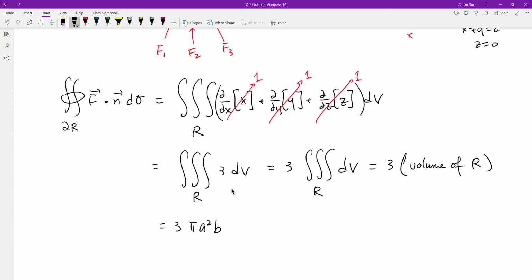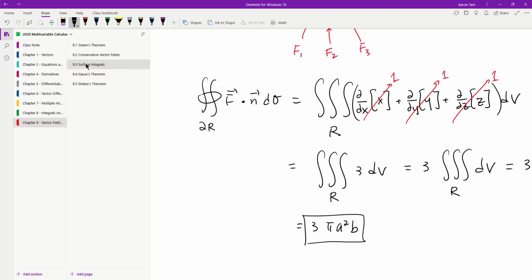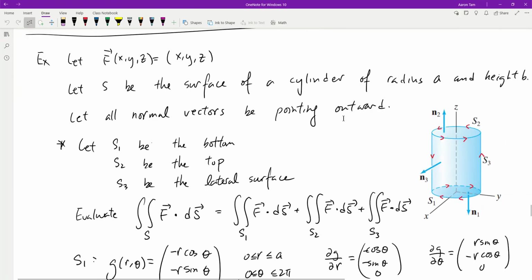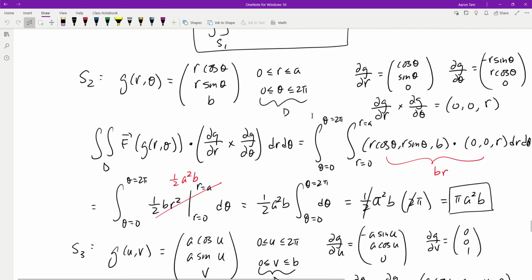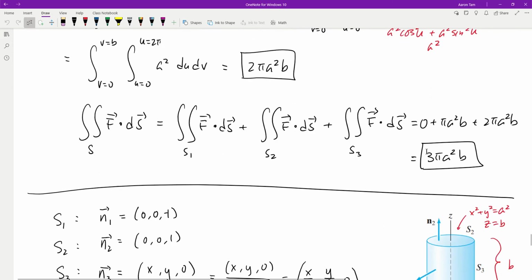So that comes out to be 3 pi a squared b. Let's hope that is the same answer that we got before. Oh yeah, there you go. 3 pi a squared b.